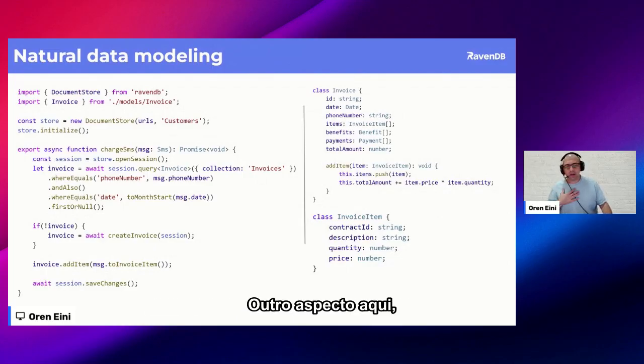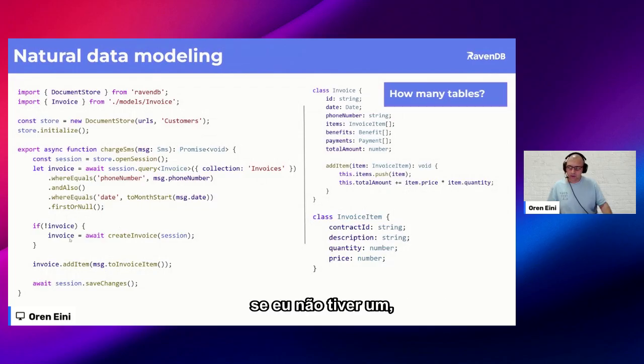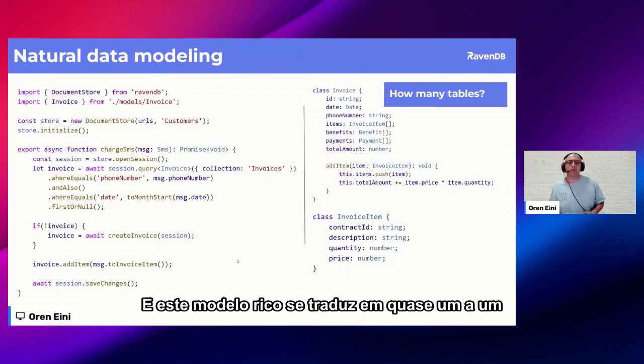Another aspect here is that we have logic that we can apply. If you look at this code right now, you can see that I'm making a query, and it is pretty obvious what's going on. Then I can create an invoice if I don't have one, and then I apply some logic. So I have a very rich model to work with.